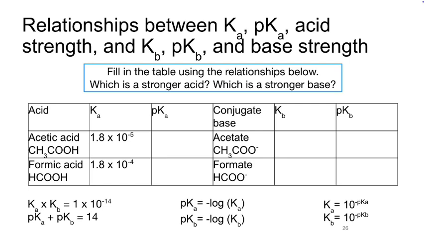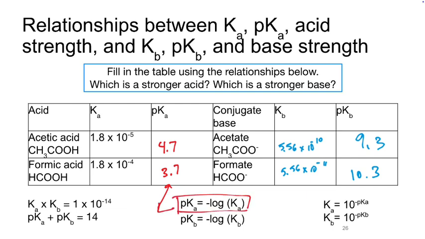theoretically. So for the sake of the recording, how are we calculating the pKa's? What are we doing? Negative log. You're just taking the negative log of the Ka, which came from over here. How are we getting the Kb's? Kw.